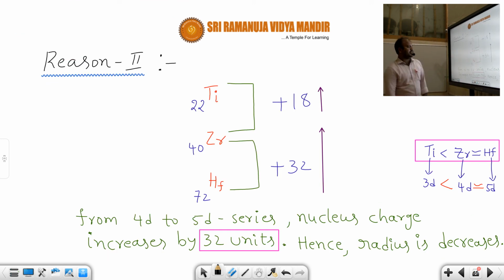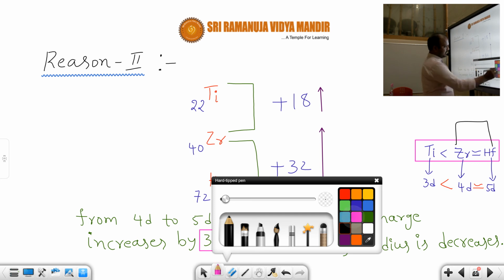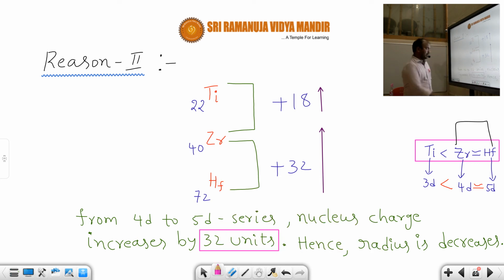Of course, there is another reason why zirconium and hafnium have a similar atomic radius. Titanium atomic number 22, zirconium atomic number 40. How many units of protons increase? Plus 18 units of protons.